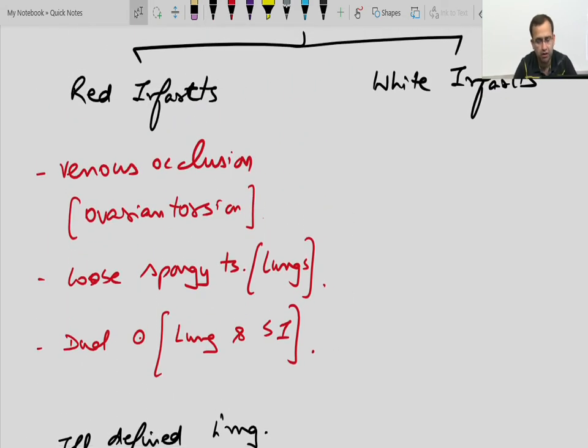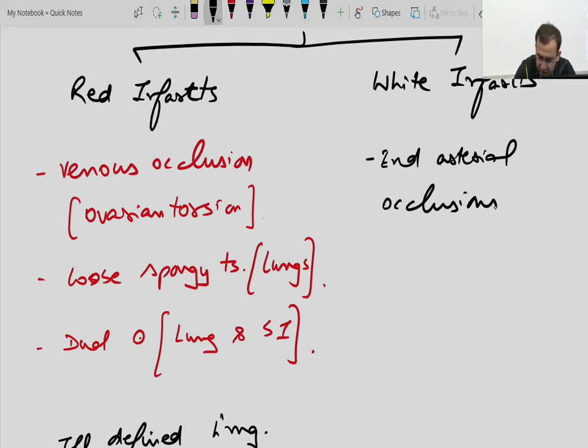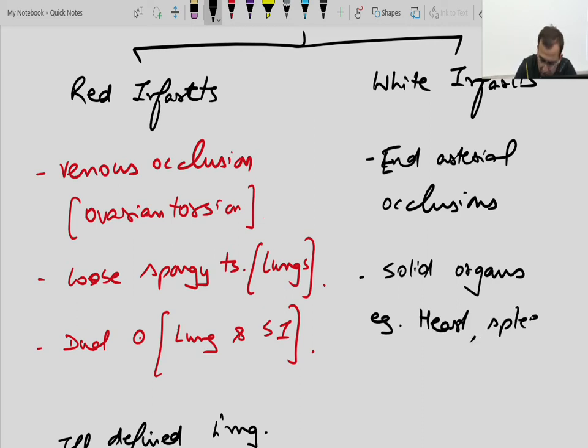Versus white infarcts, which occur because of endarterial occlusions and are seen in solid organs like heart, spleen and kidney.